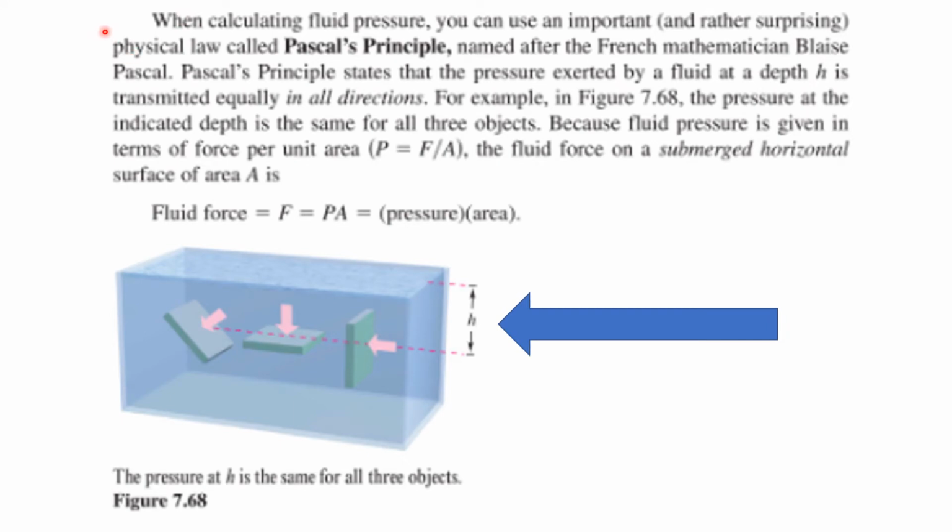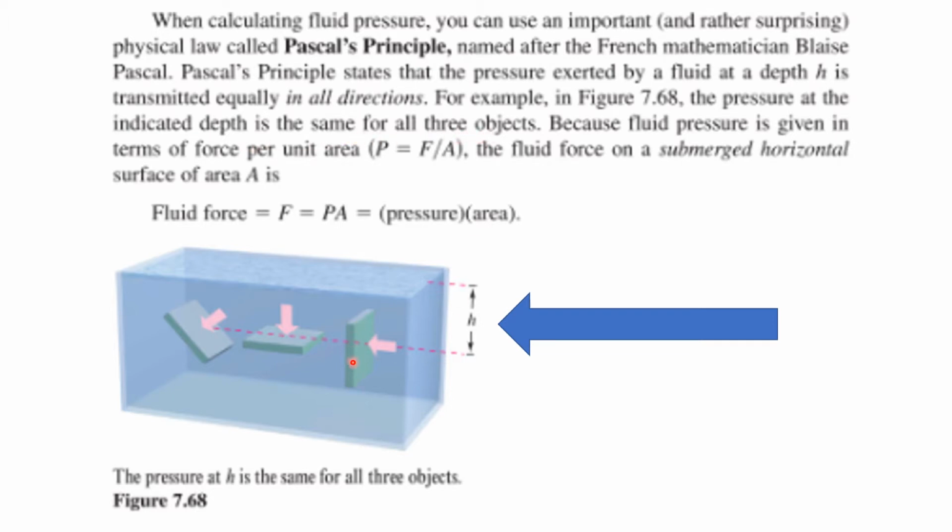When calculating fluid pressure, you can use, and we will use, an important and rather surprising physical law called Pascal's principle. And this is named after Blaise Pascal. Pascal's principle states that the pressure exerted by a fluid at a depth of h is transmitted equally in all directions. So for example, in this picture, the pressure at the indicated depth is the same for all three objects.